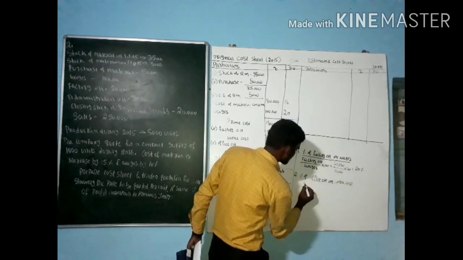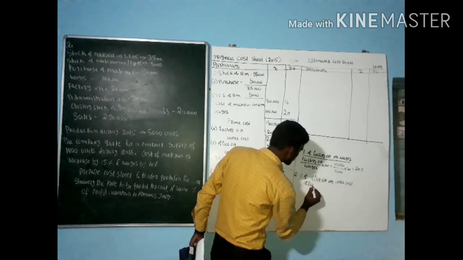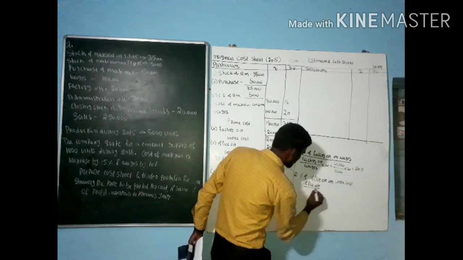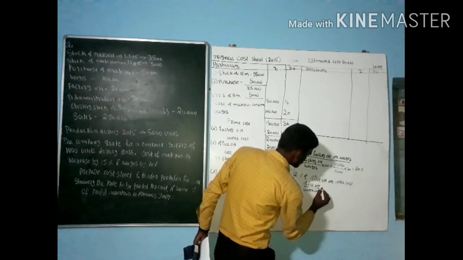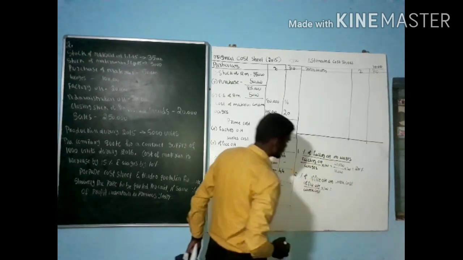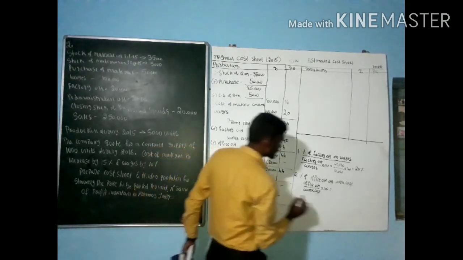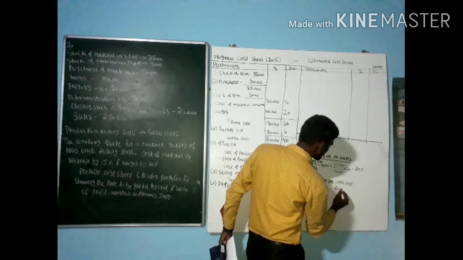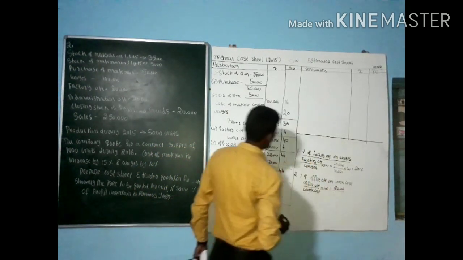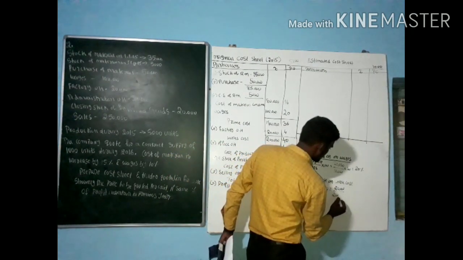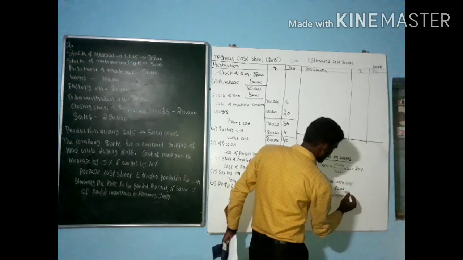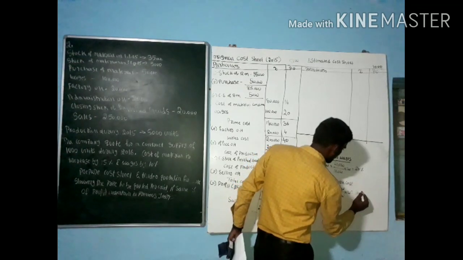The formula is the same, that is office overhead divided by work cost into 100. How much is office overhead here? 20,000. Work cost is 2 lakh, into 100, so we are getting 10%.